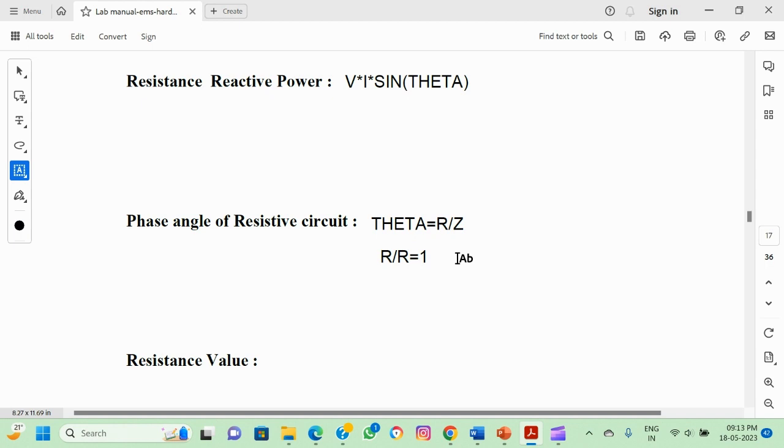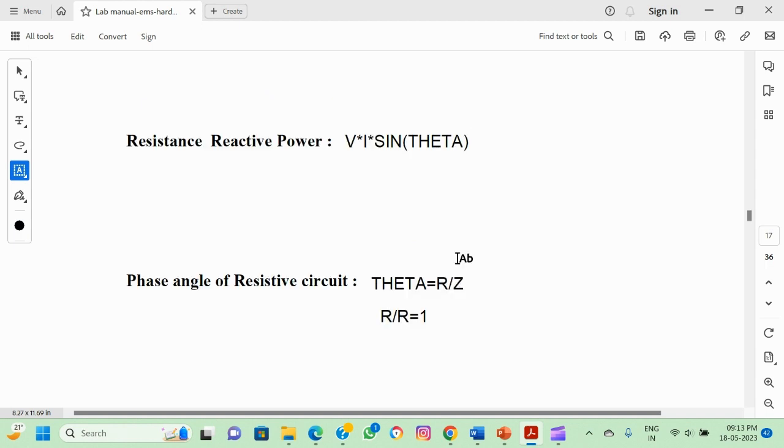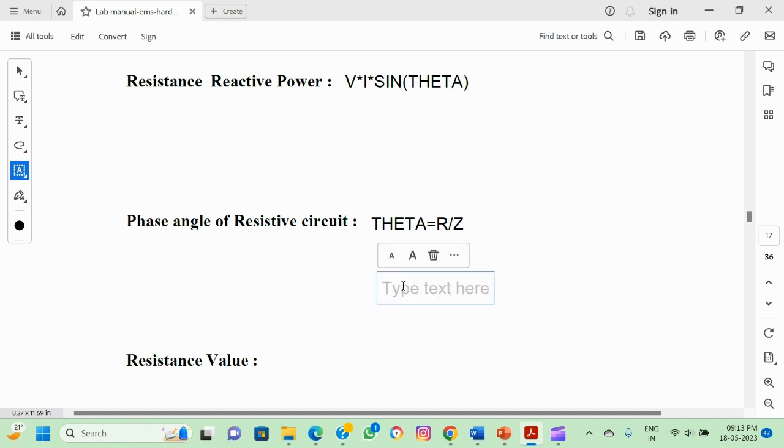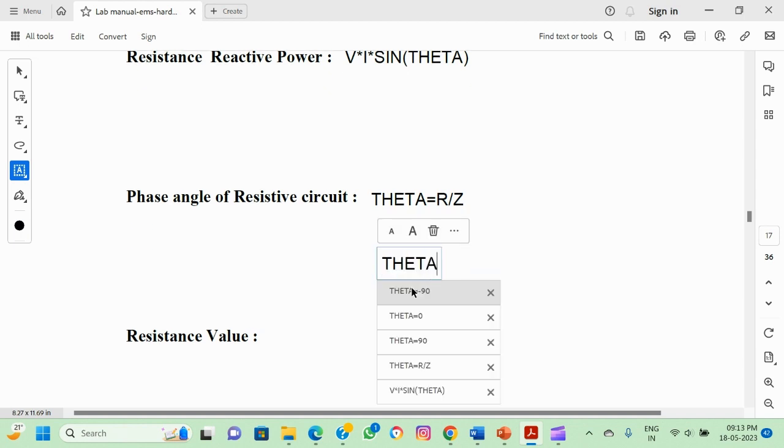Otherwise, how can we calculate this theta? Another formula to calculate theta uses active power: W divided by VI. Like this also we can calculate.